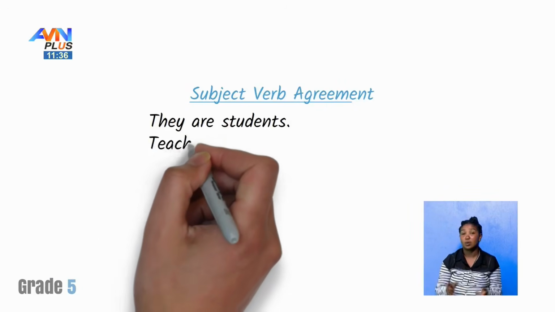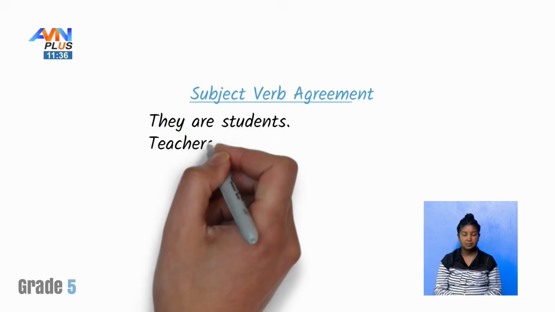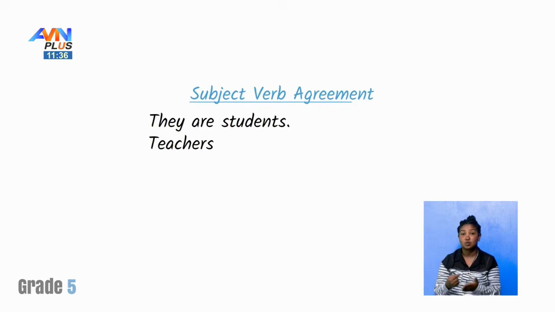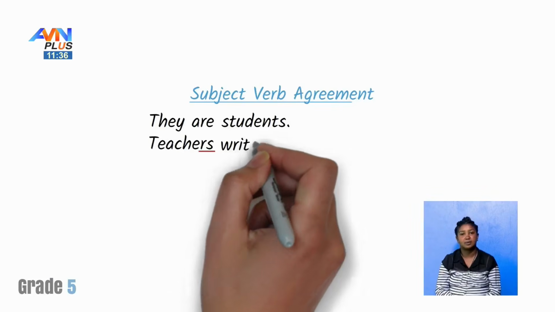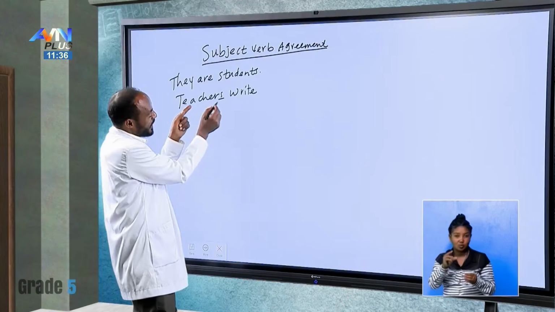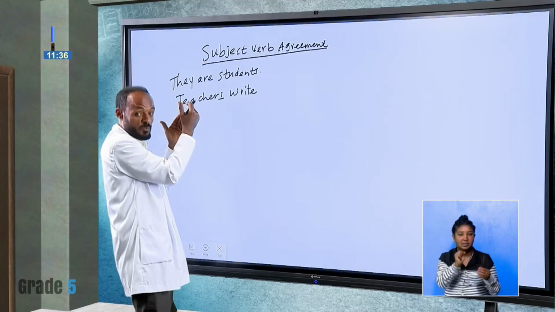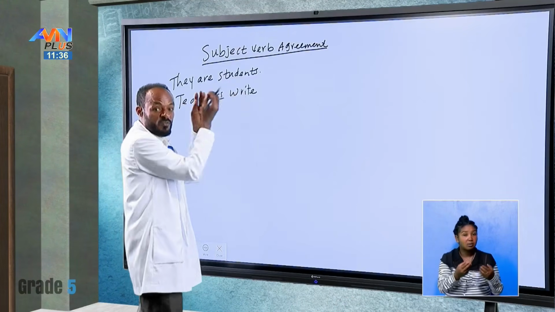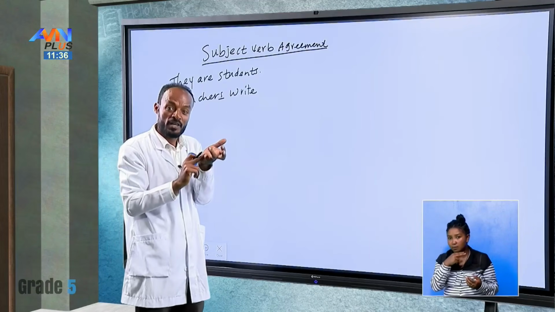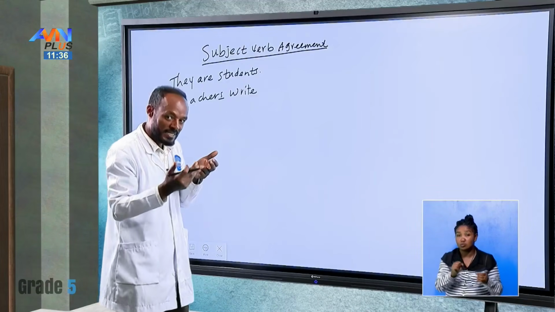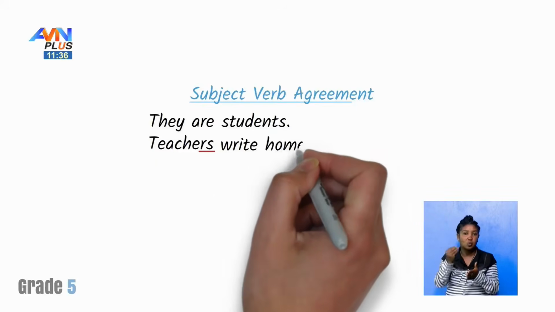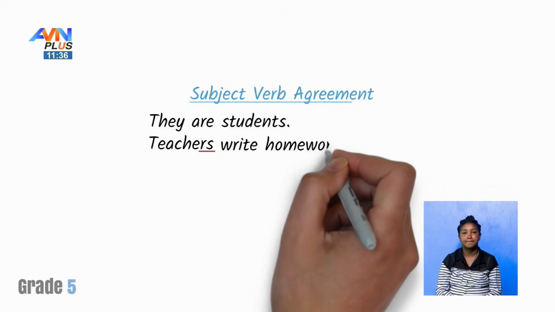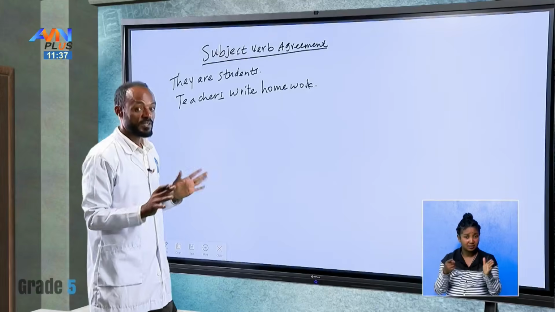When we say teachers, this one is plural. So, teachers write. We do not say writes because this one is plural. If the subject is plural, we have to use a plural verb, a verb without S or base verb. So, teachers write homework. Is it clear? I hope everything is okay.